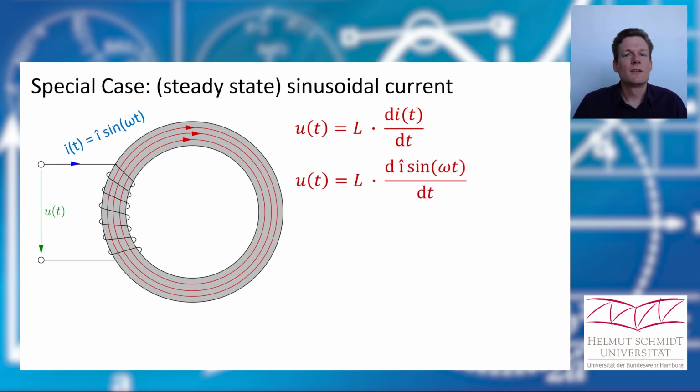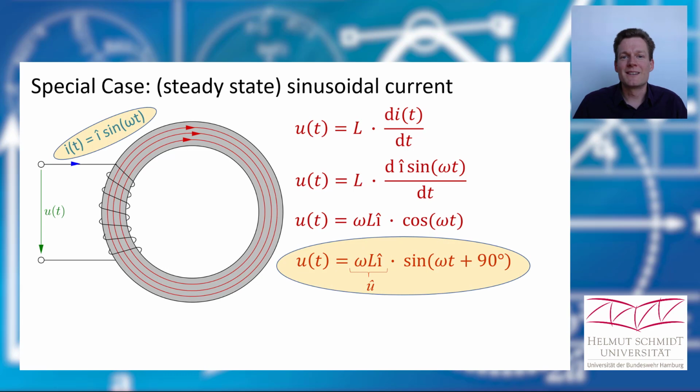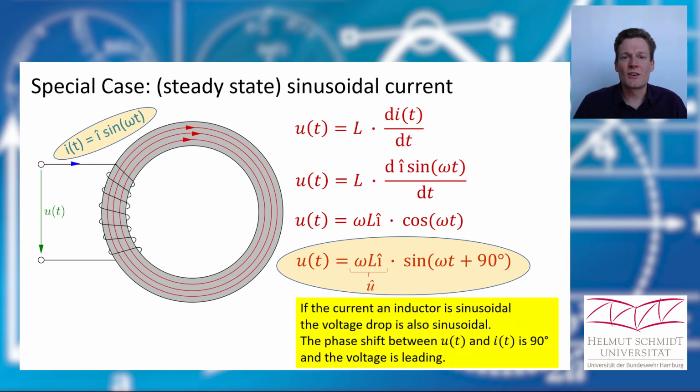And that means if we do our time derivation here, it leads to a cosine function, and we already know that we can express a cosine with a sine function plus 90 degrees. So this here is the amplitude of our voltage, and if we compare the voltage and the current, we see that they are both sinusoidal, and we have a phase shift of 90 degrees, and this time the voltage is leading. And now let's have a look into our simulation program again.